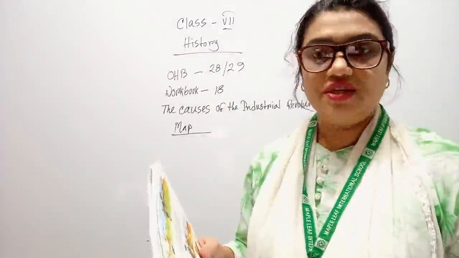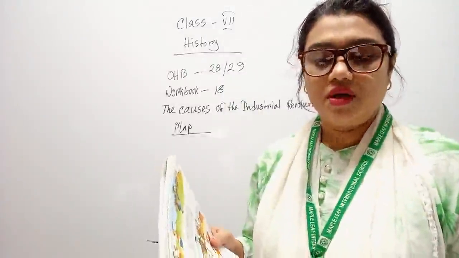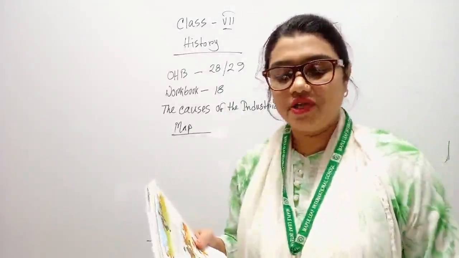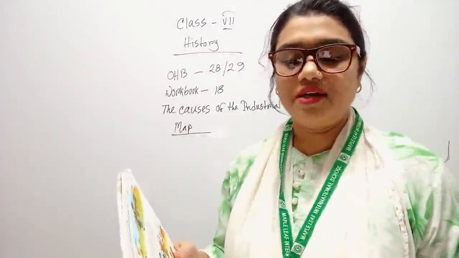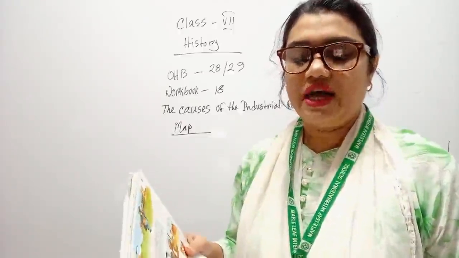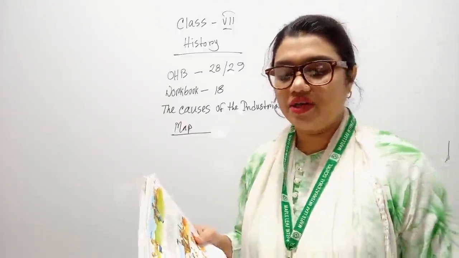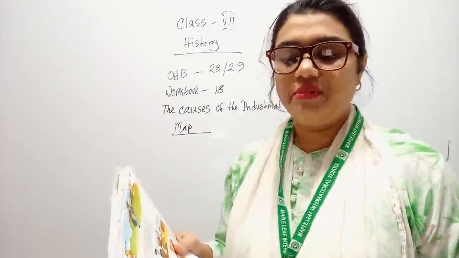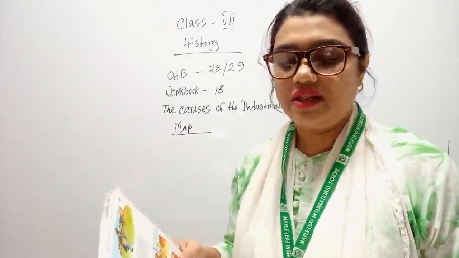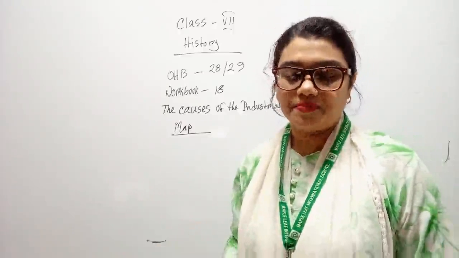Open page 28. The first paragraph: why did this great change from farming to industry happen so suddenly in Britain between about 1750 and 1850 and in other parts of Europe a little later? There are three main reasons: colonies, increased trade and wealth, and growing populations.